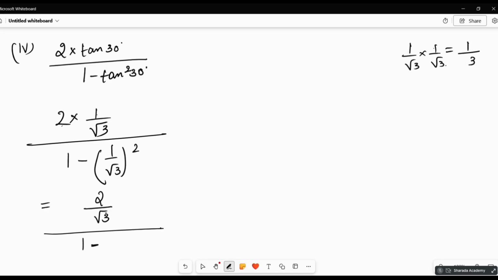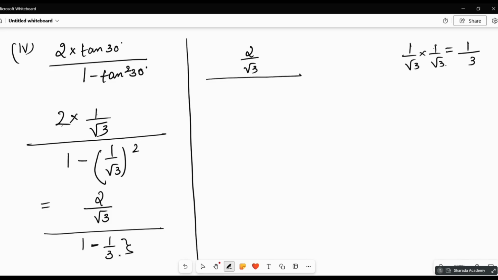Correct? Square means you have to multiply 2 times. So 1 by 3. Now 2 by root 3. Here you have to take the LCM. LCM will be 3. 3 by 1 is 3. So 3 into 1 is 3. Minus, again 3 by 3. LCM by denominator, 3 by 3 is 1, that you multiply with numerator, you will get 1.